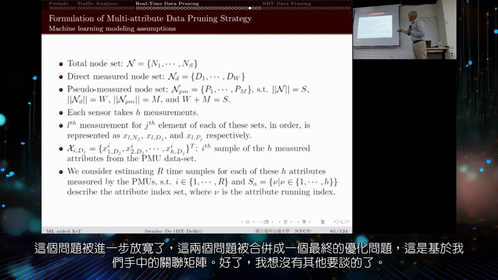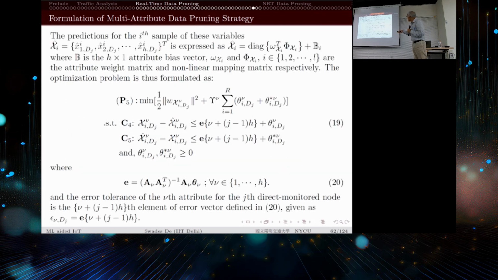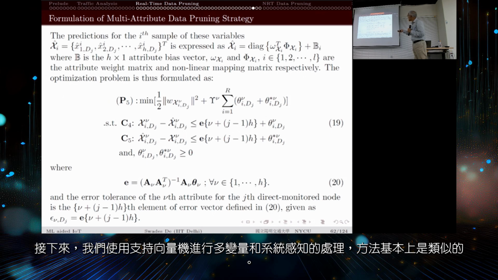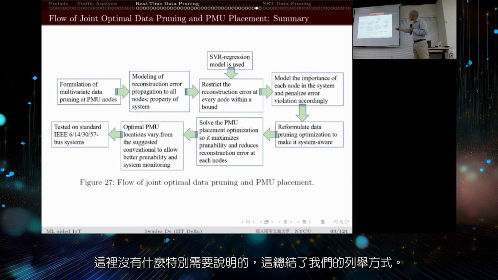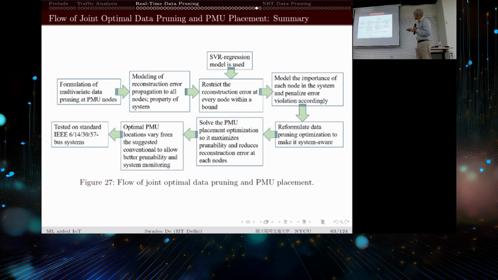Okay, I think there is nothing much to be talked about, and subsequently the support vector machine that we have to employ for multivariate and system aware is following a similar approach. This kind of summarizes how this is done.